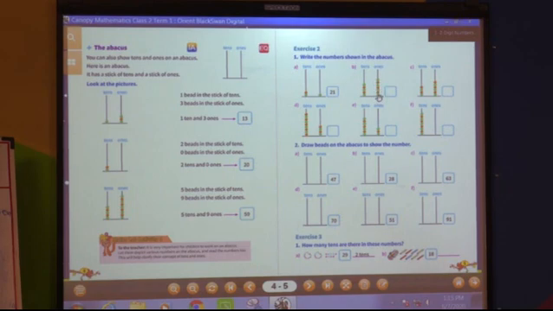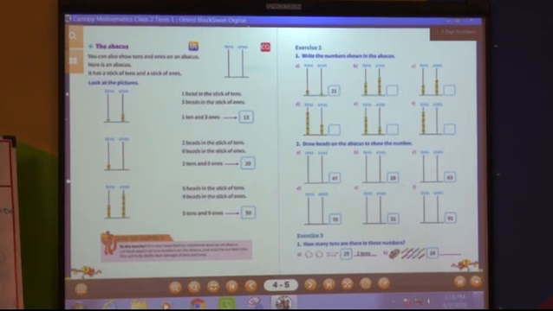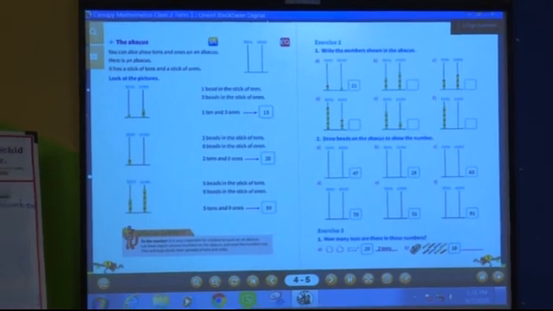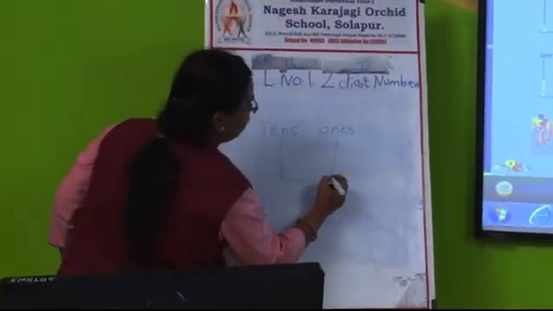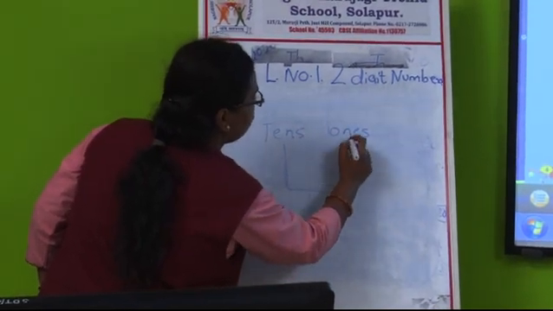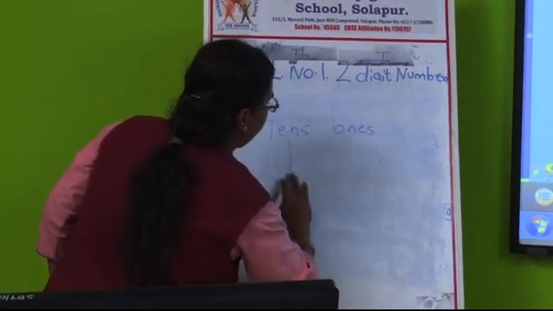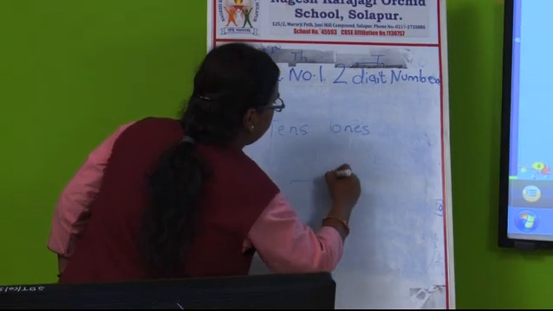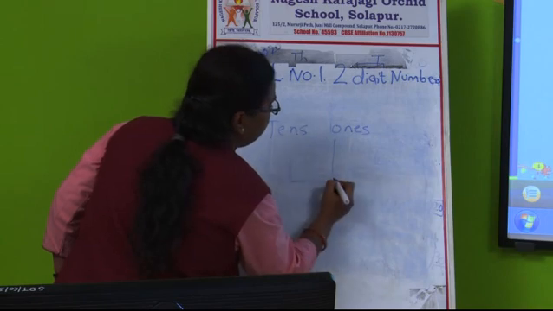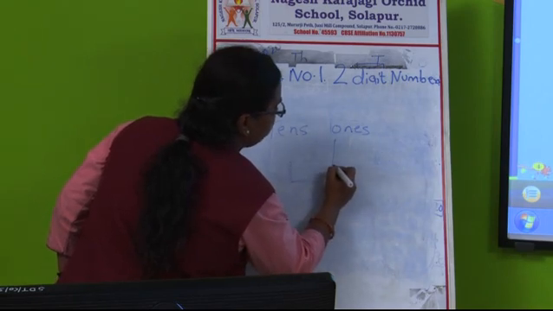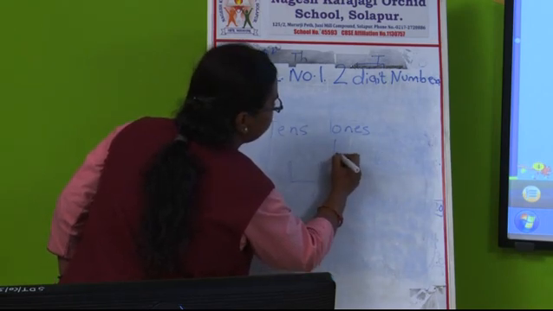Okay. There are 7. So, in second what will you do? Tens, ones. You will count that on the abacus. So, 1, 2, 3, 4, 5, and this is 1, 2, 3, 4, 5, 6, 7.